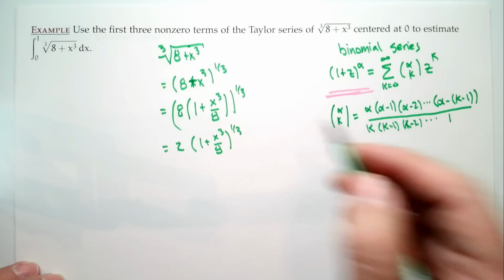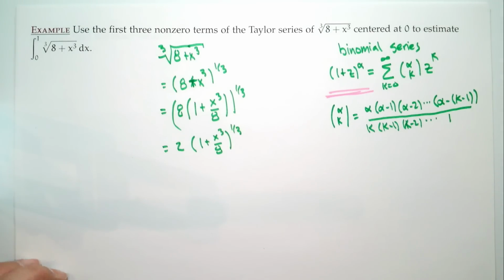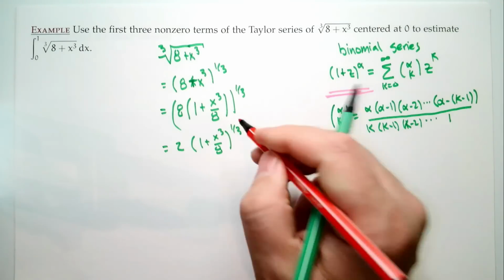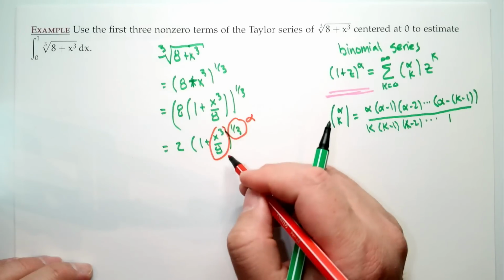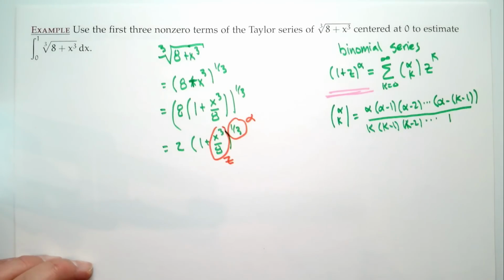And now I'm fitting the mold. This 1/3, that's my alpha. The x cubed over 8, that's my z.